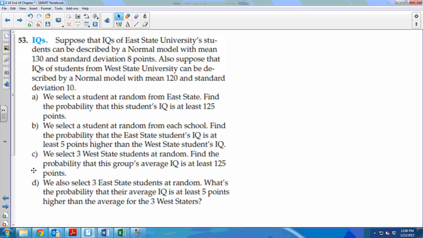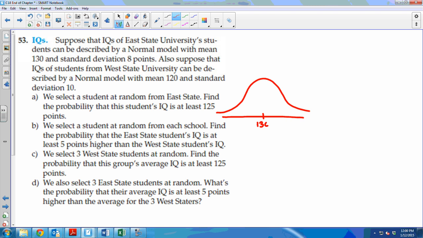All right, on part A, we select a student at random from East State. Find the probability that this student's IQ is at least 125 points. So that's just normal model business, right? So we have a mean of 130, standard deviation of 8. We're looking for at least 125. That's nothing fancy. We're not doing anything with the sampling distribution.